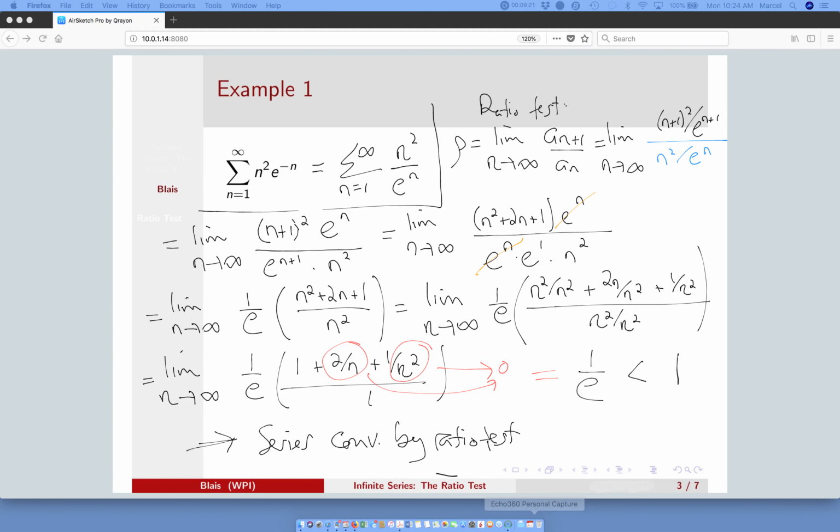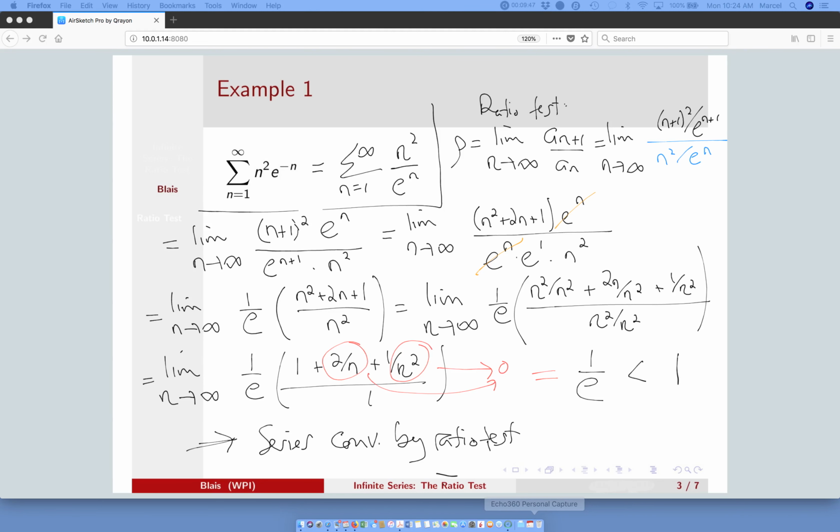And again, the intuition being, as you go further and further into the terms of this series, each term starts to look closer and closer like the previous term times 1 over e. So this is how you use the ratio test. When you see complicated expressions that have exponentials in the denominator, the ratio test will work. It will often work.